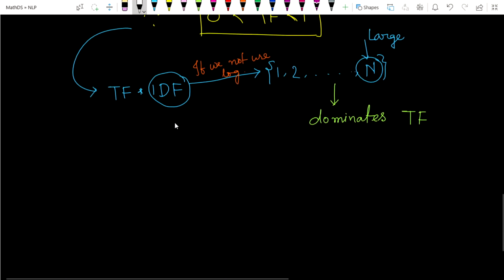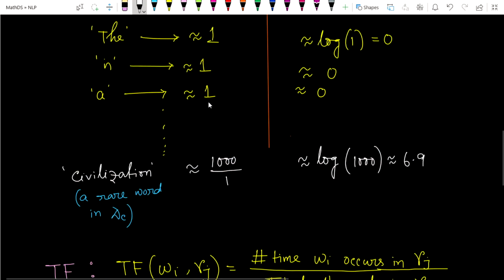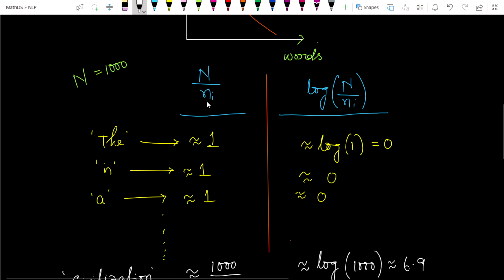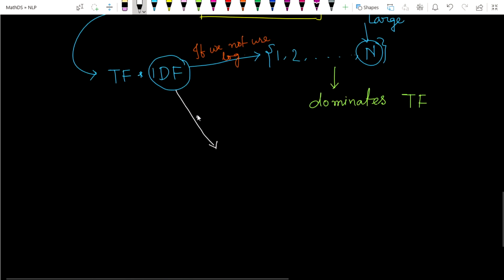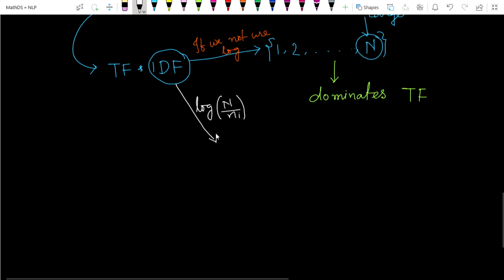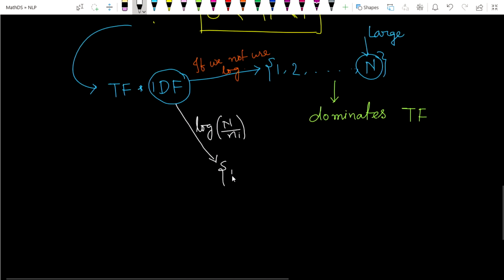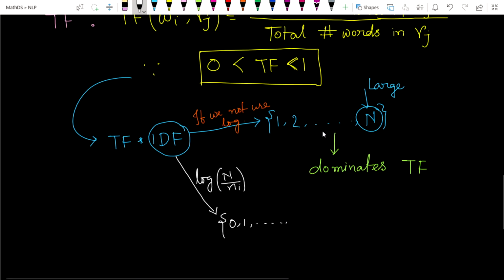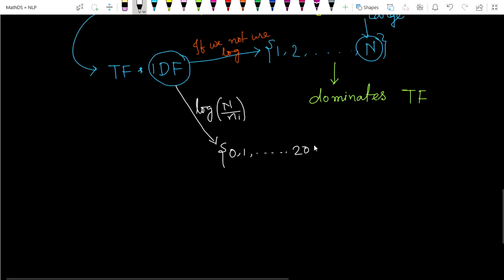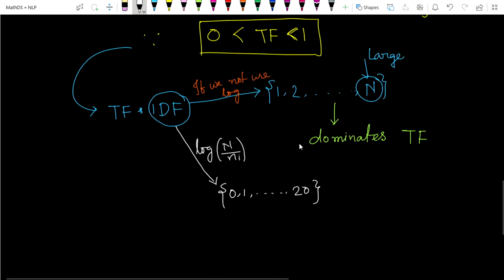Now the solution that scientists discovered is, instead of using simply capital N by small ni, to use the log of capital N by small ni. Then this value starts from 0, and even for a large number of documents its value will be small.